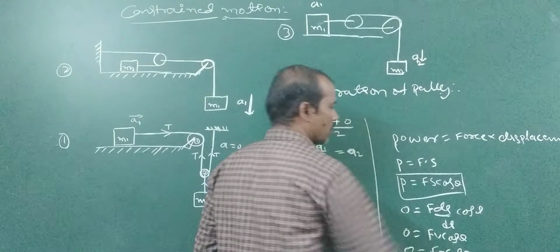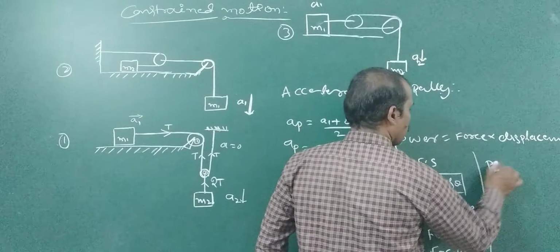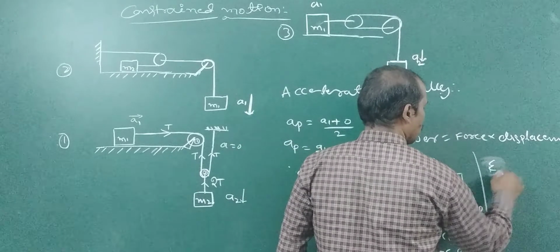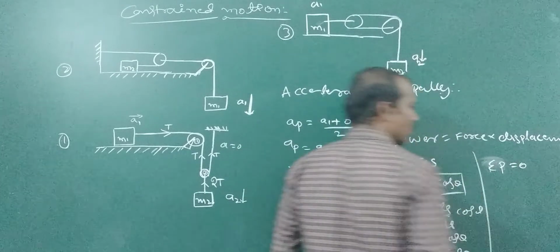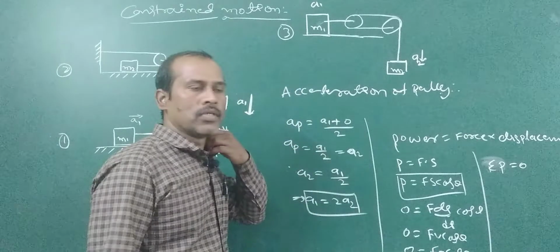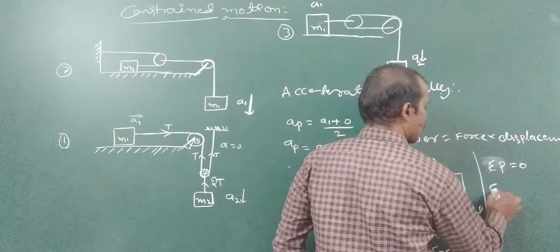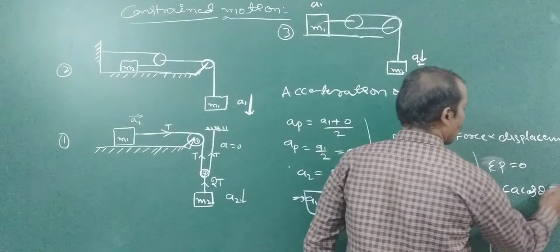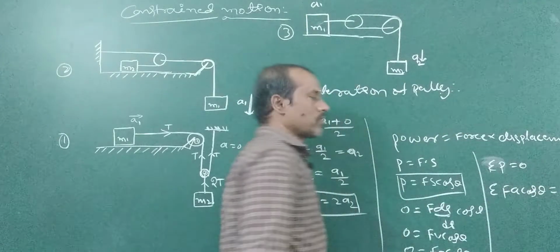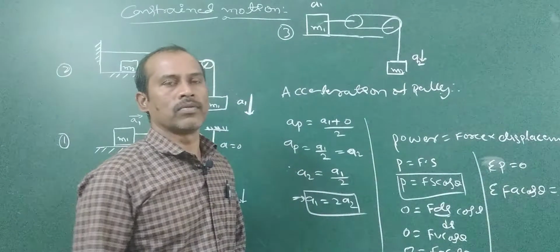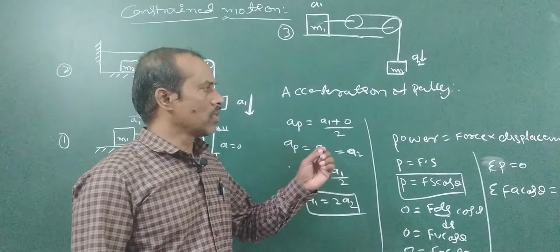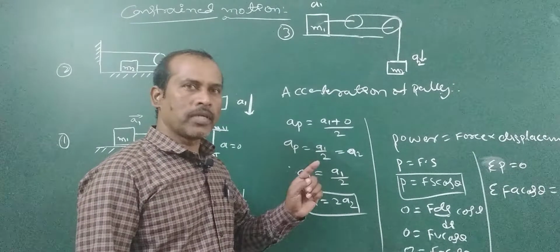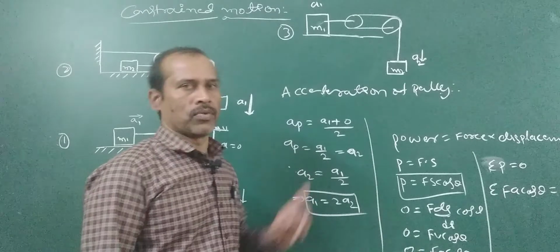So the net power, summation P, is equal to 0. That means summation F a cos theta is equal to 0. Here theta is the angle between displacement and force.